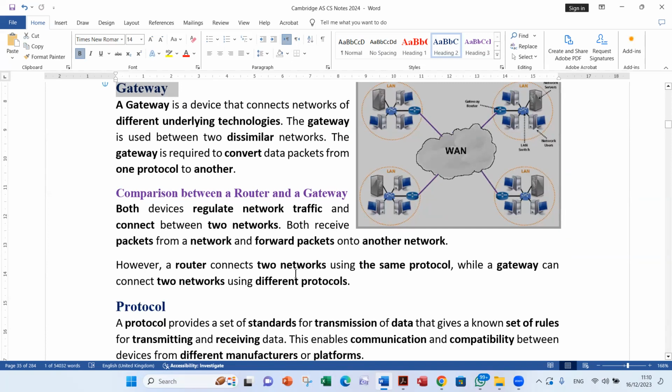Okay, we know that a gateway is the small router you have at your home. The router you have at your home is very, very cheap compared to very expensive routers used as the backbone of the internet. A gateway is a device that connects networks of different underlying technologies. The gateway is used between two dissimilar networks. The gateway is required to convert data packets from one protocol to another.